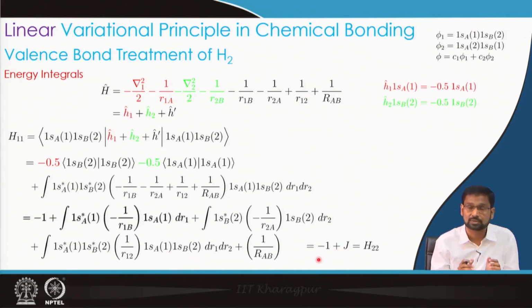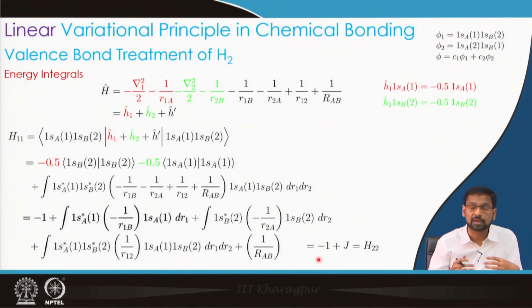The exact value of this integral depends on the internuclear distance, because the moment you make R infinite, all these terms will vanish. As you bring the two nuclei closer to each other, that means some finite value of R, the effect of these interactions will be felt.